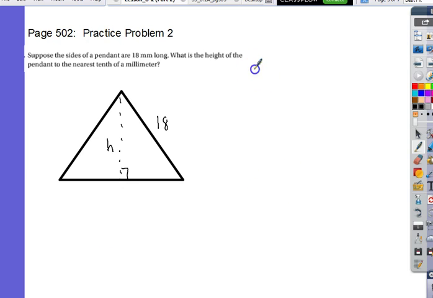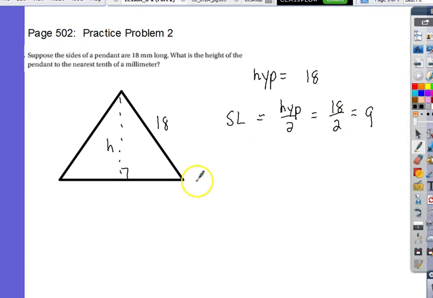All right, so hopefully you notice you started out with what? The hypotenuse. And so I immediately want to find the shorter leg. The shorter leg is equal to the hypotenuse divided by 2. Well, 18 divided by 2 comes out very nicely to be 9.